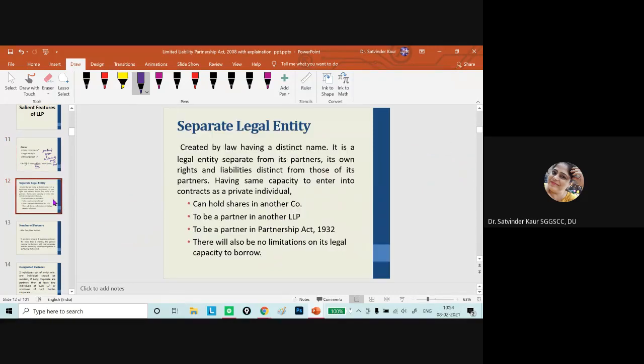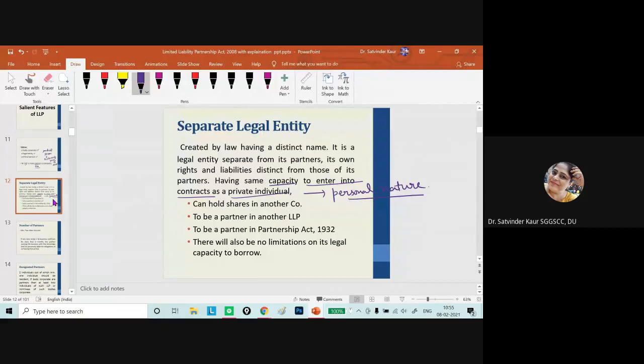About separate legal entity, we have already discussed. So in this case, the position of the LLP is that it has the capacity to enter into contract like a private individual, but definitely not related to acts of a personal nature, say marrying and making a promise to go out or something like that.